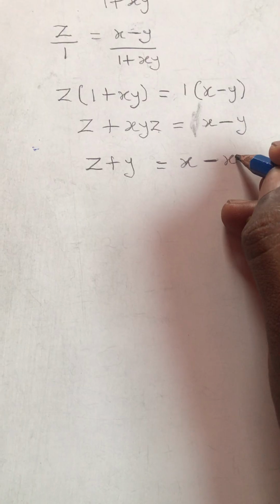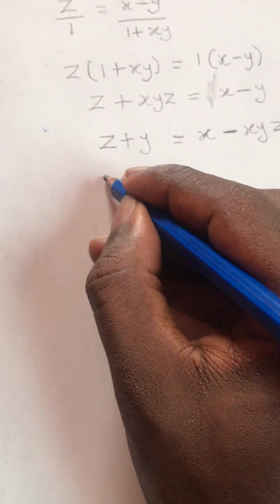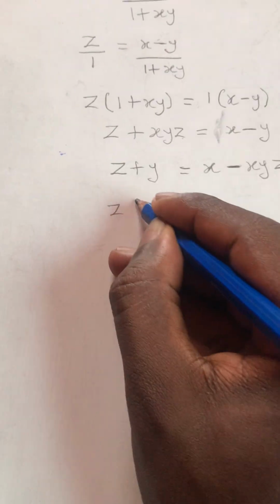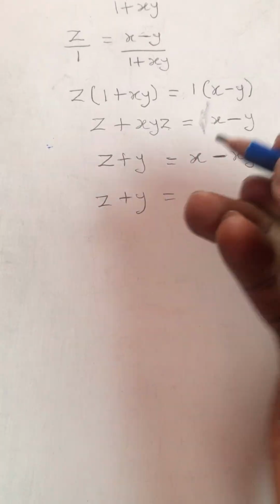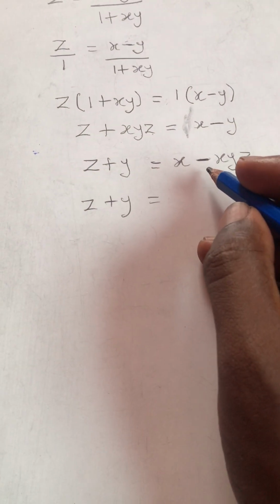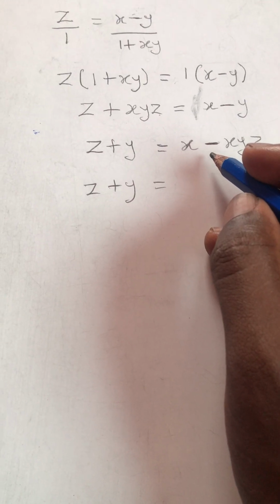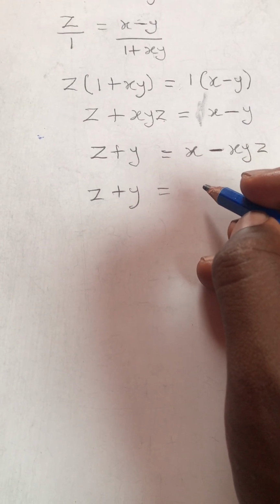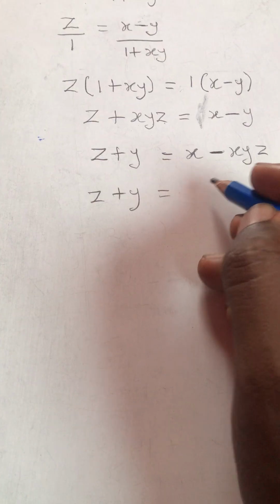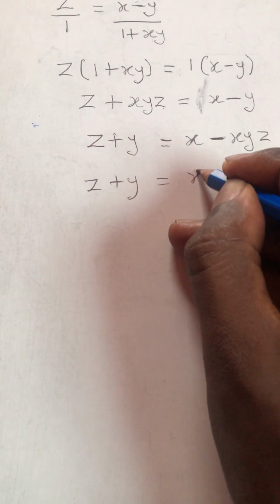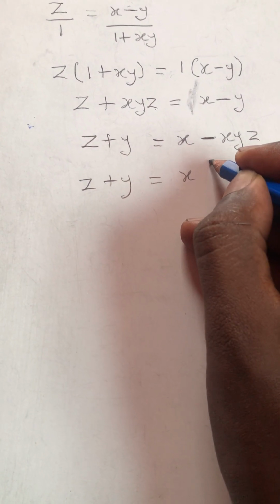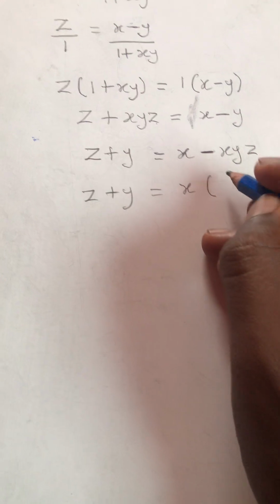So now we have our z plus y, and since we were tasked to make x the subject of the relation, we factor out x.